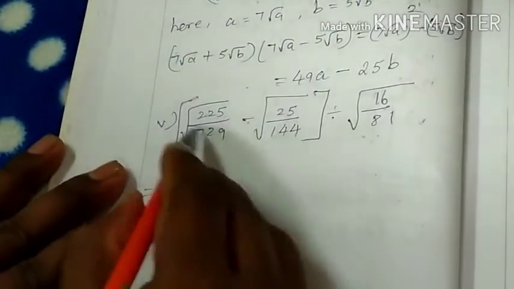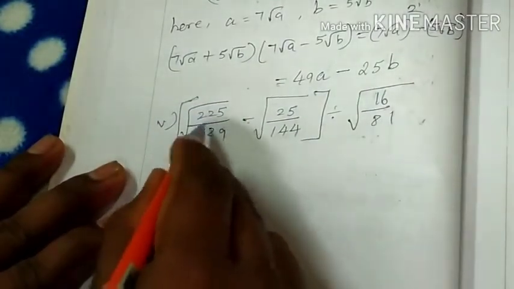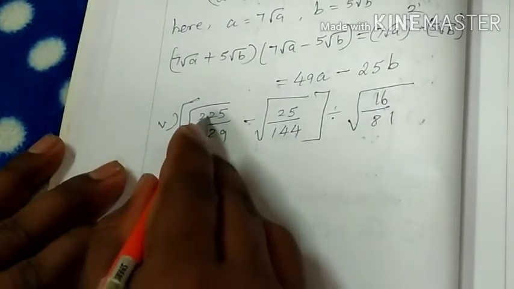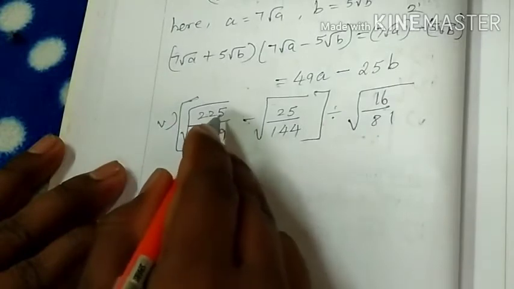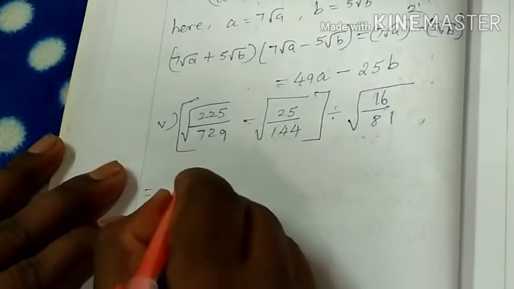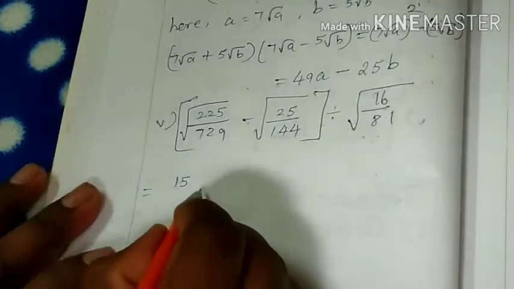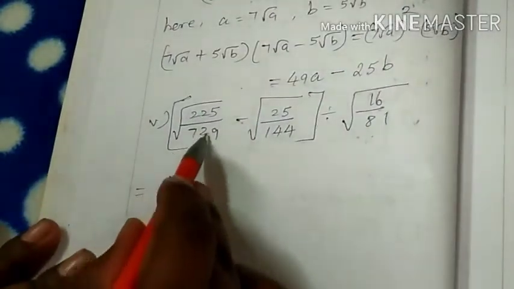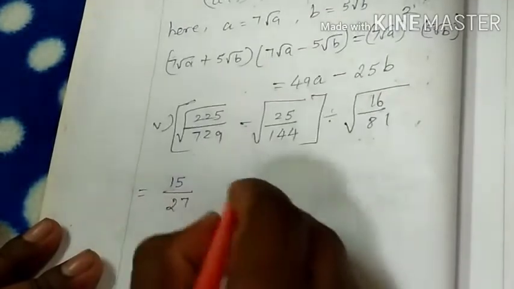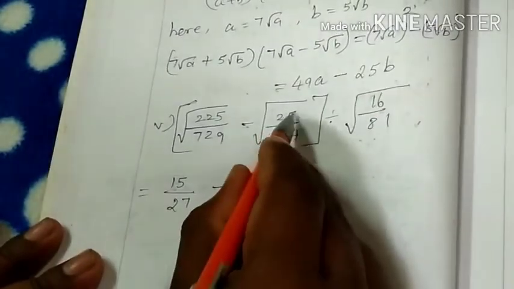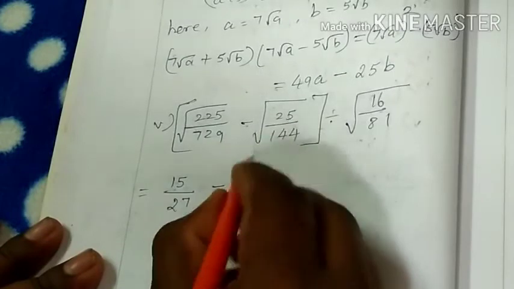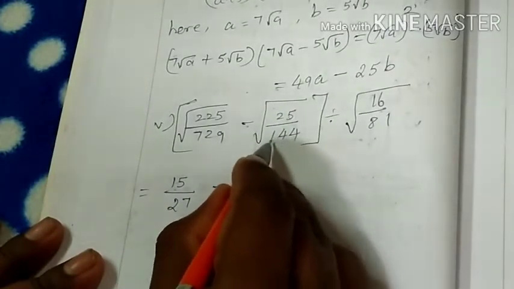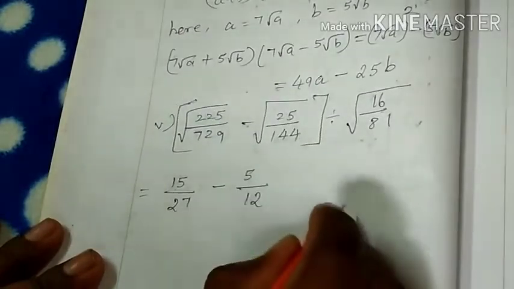This is the division law, the division of a by b. The square root of 225 is 15, 15 fifteens are 225, divided by the square root of 729 which is 27, minus the square root of 25 which is 5, divided by the square root of 144 which is 12.